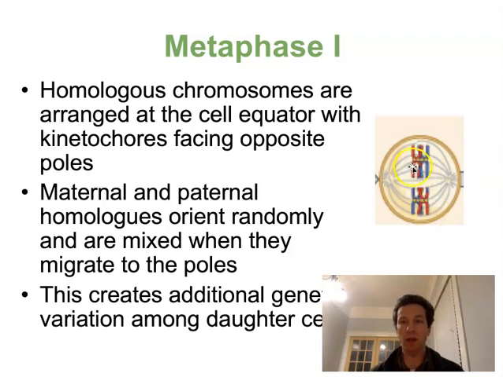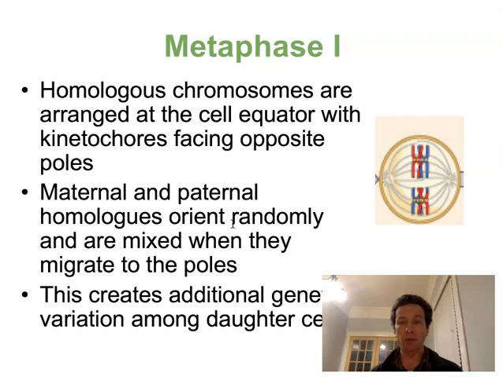So in this example, if we assume that red is maternal and blue is paternal, then for this top pair of homologs, the maternal chromosome is on the left, the paternal is on the right. However, for the second pair of chromosomes, the opposite is true. If this exact same cell were to go through meiosis again, there might be a different arrangement. For example, both maternal ones might be on the left and both paternal on the right. And so this is referred to as random orientation of homologs in metaphase I.